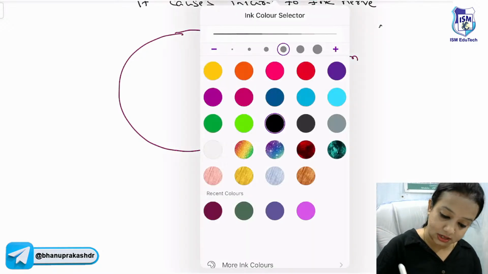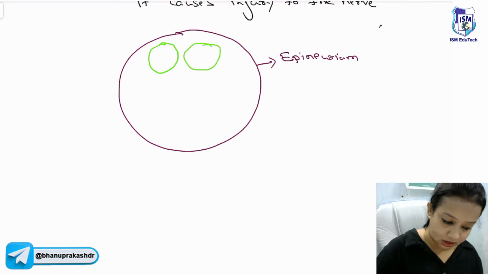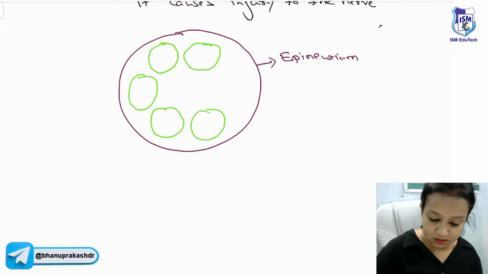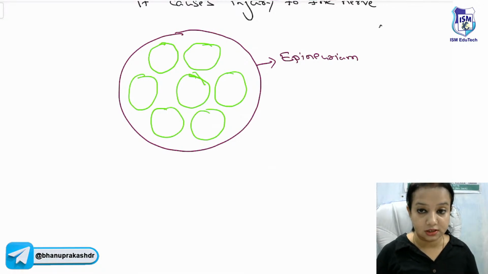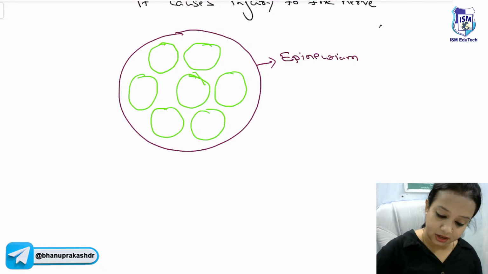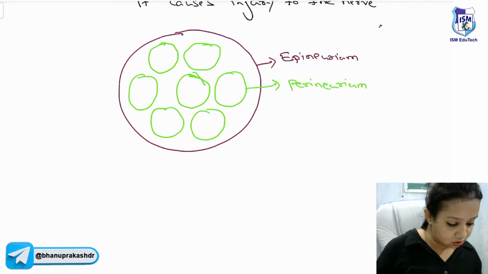Now, inside this epineurium, there are fascicles. Okay, fascicle means a bundle or bunch of nerve fibers. So these fascicles are covered by a tough covering, which is called the perineurium.